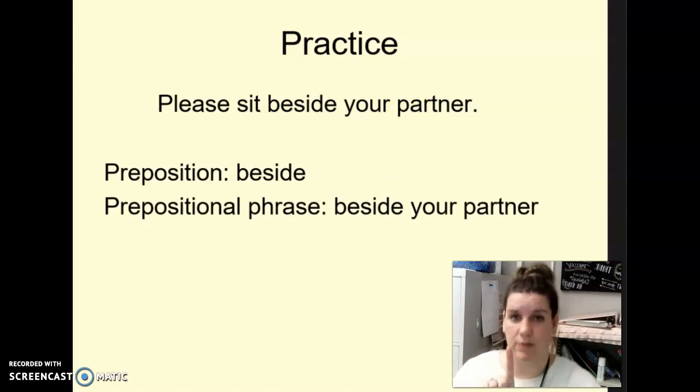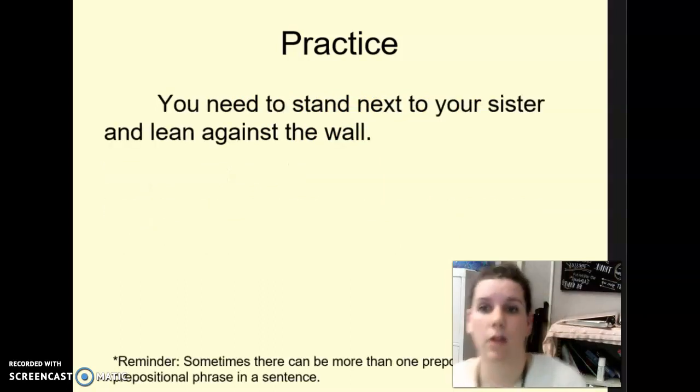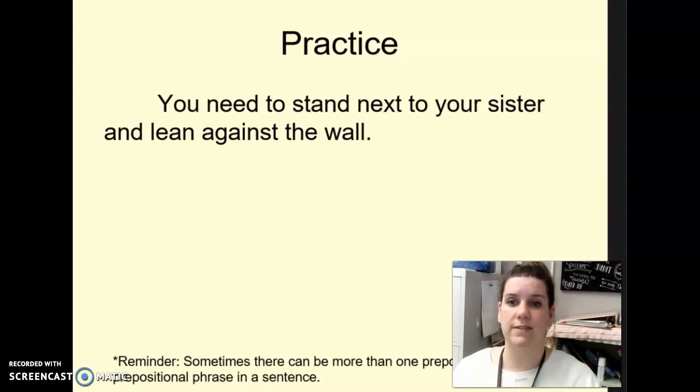Now here's the other one that I was talking about before. You need to stand next to your sister and lean against the wall. So it says down here, sometimes there can be more than one preposition and prepositional phrase in a sentence. So let's look. The first preposition, let's see. You're talking about you and your sister, right? So where are you?